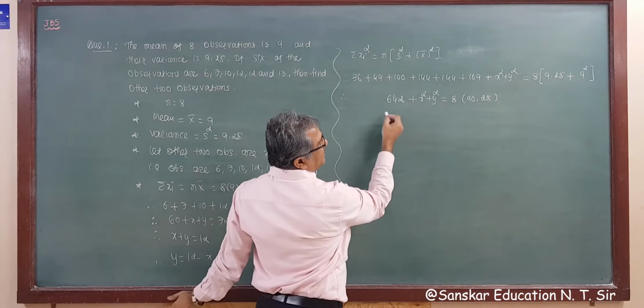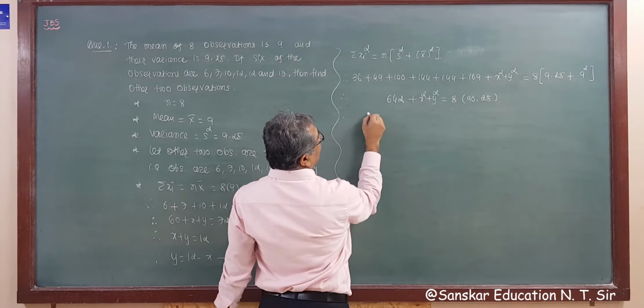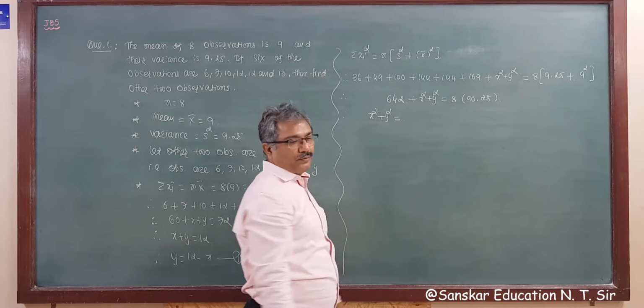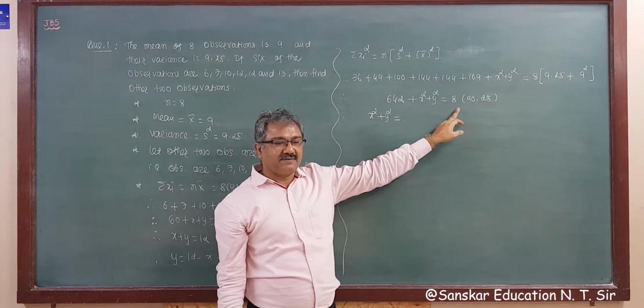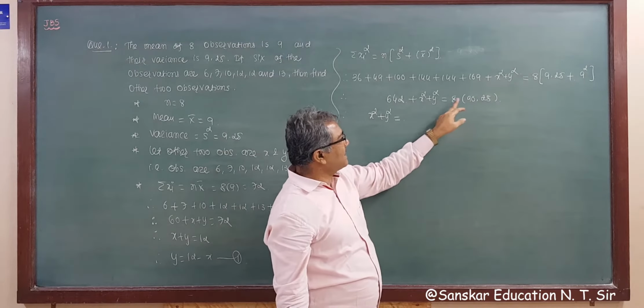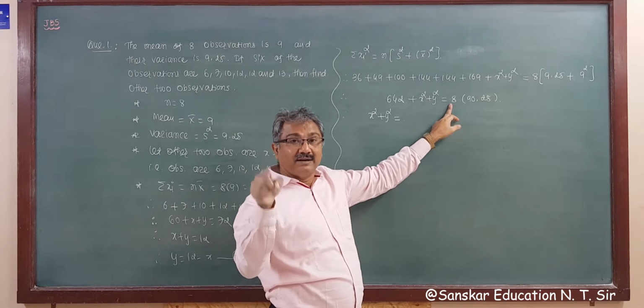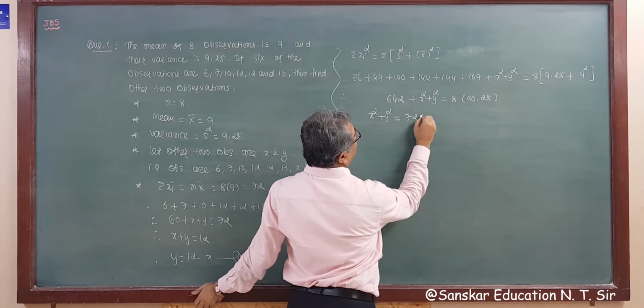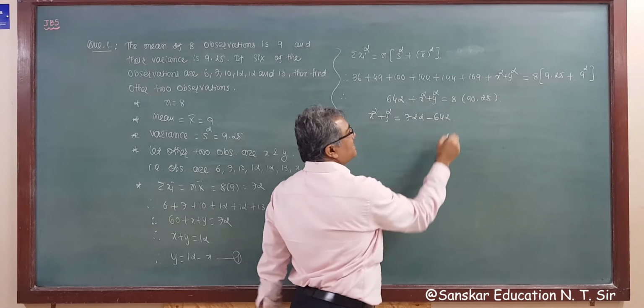So we get 722. So x square plus y square is equal to 722 minus 642, I'm saying, 82.